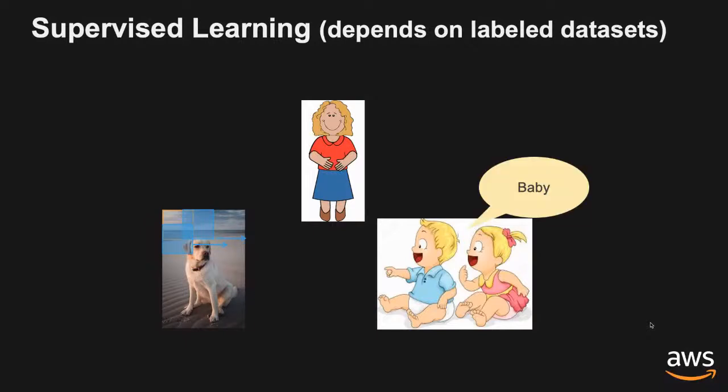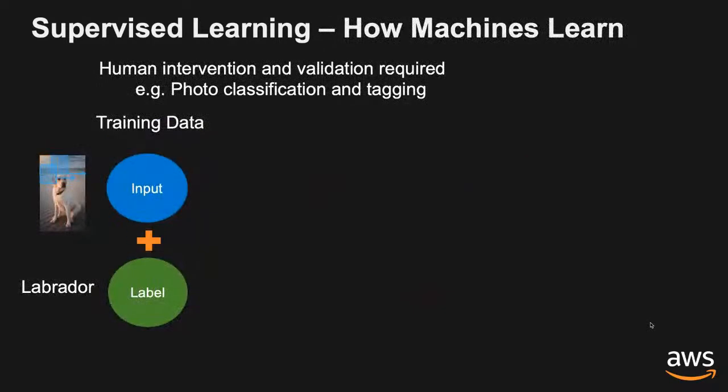So let's say there's an image, and this image contains a baby, right? The image would be the data point, and the baby is the class label. Similarly, this is a dog. The image is an image of a dog, and the class label would be dog or labrador, whatever it is. So the way that supervised learning works is you are given the data along with its label.